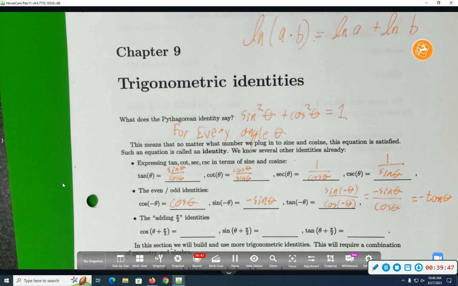What's the cosine of theta plus pi over 2? So even if you don't remember this, do people remember knowing this? Okay. We did cover it. So let's maybe even draw the picture that gives you this result.